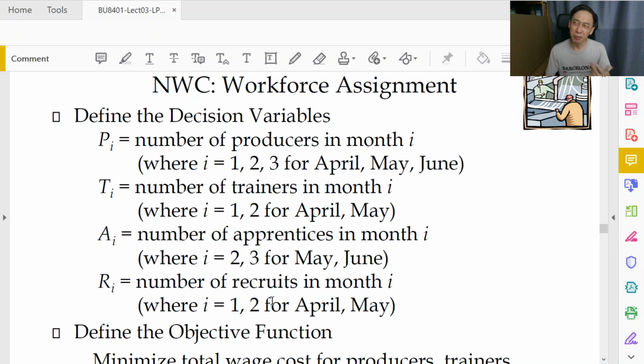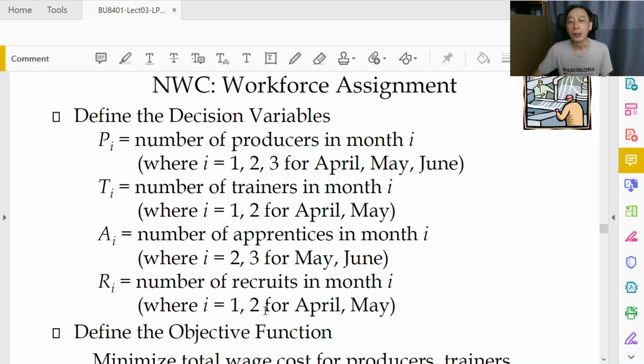So one way is to say we have R3 for June and then constrain it, set R3 to be equal to 0, right? But that's sounding a little bit strange because we already know the outcome. We cannot optimize it. Company policy says R3 equals 0. So we can define R3 and constrain it to be 0. But since we already know the outcome, we can just delete the variable. So there's no R3, right?